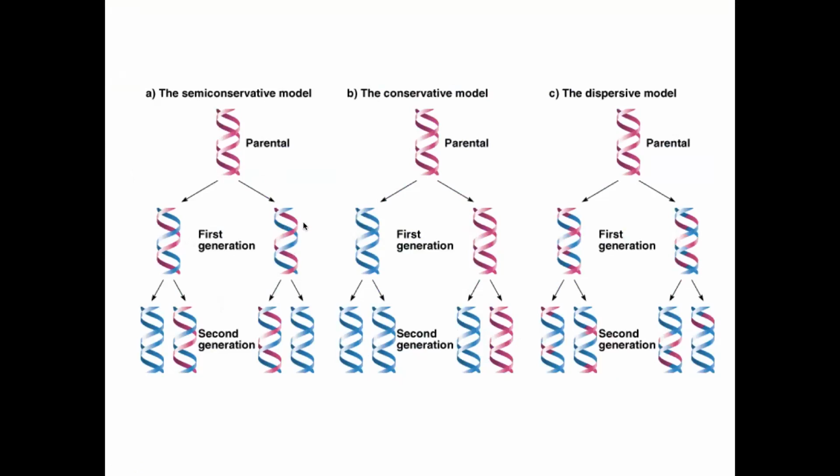So what's conservative? The idea with conservative replication is that the two single strands in the original parental molecule of double-stranded DNA are separated. Each single strand serves as a template for new DNA synthesis. But when you put together the double-stranded daughter molecules that result from this replication process, you put the two original parental strands back together, and the two newly synthesized strands are put together to create the second daughter molecule.